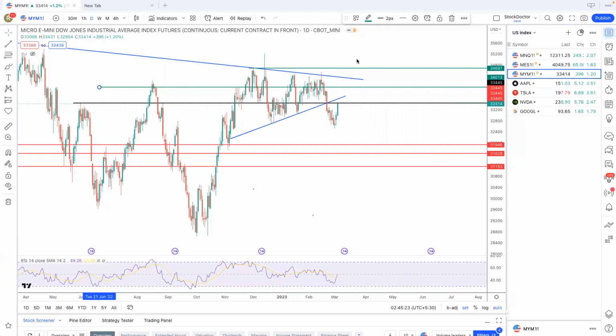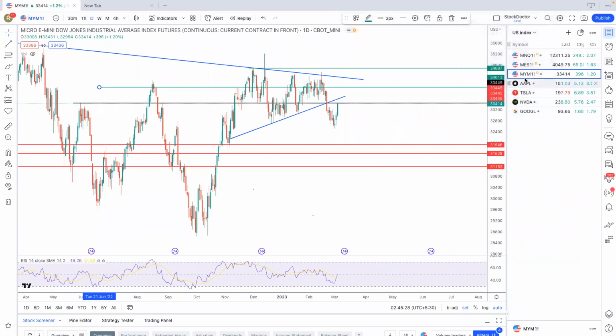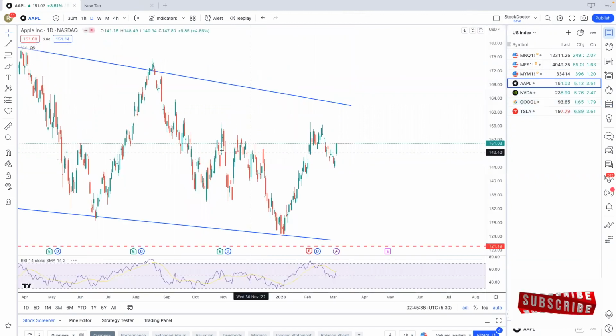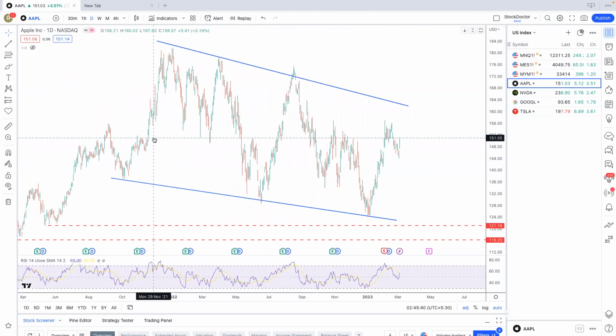And let's talk about four stocks: Apple, Google, NVIDIA, and Tesla. Okay, so for Apple, you can see here. Currently, Apple has a trend line, horizontal support of 151.